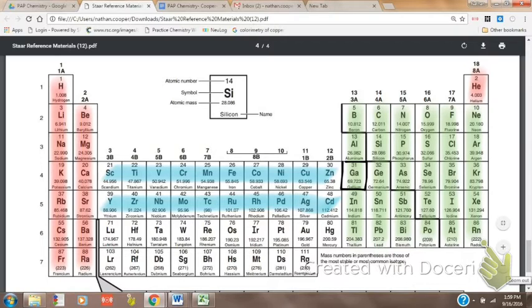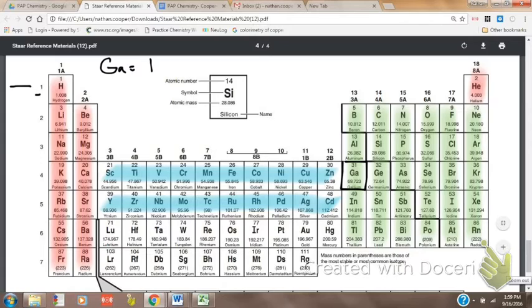And I always will start on row number 1 where hydrogen is. So the period is what I'll write down first. So I start at 1. That's the energy level. That's the period that's listed here.